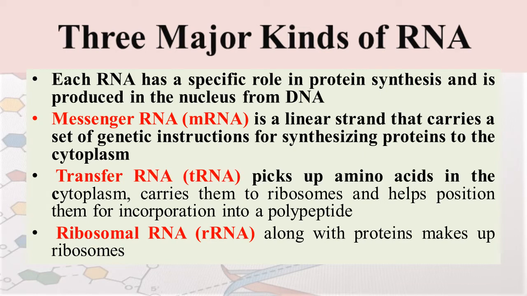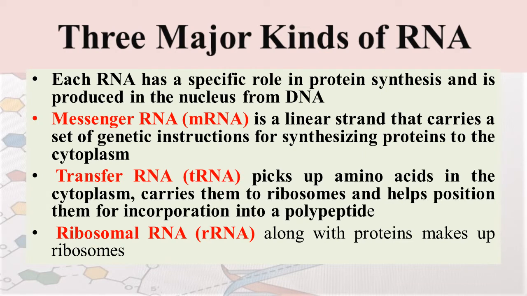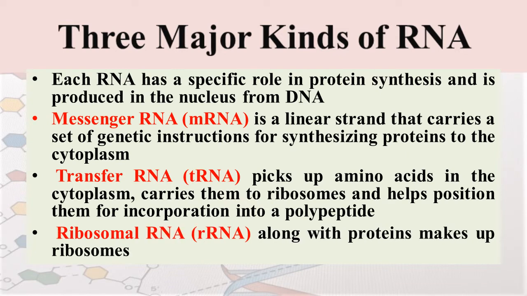The second important type is transfer RNA, which picks up specific amino acids in the cytoplasm, which are required to synthesize the specific polypeptide chain. And the third important category of RNA is ribosomal RNA. Ribosomal RNA, along with proteins, makes up the ribosome.